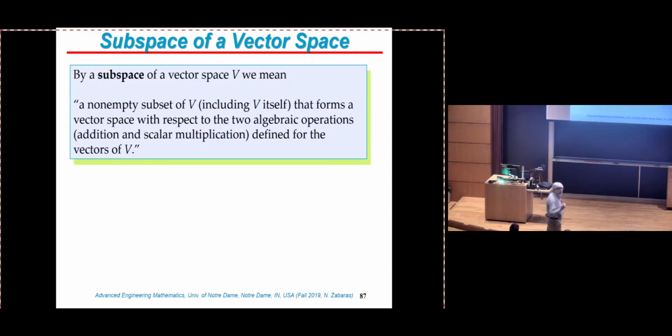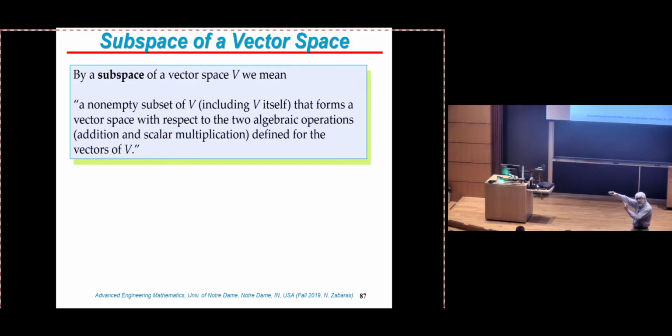Exactly. So the subspace is part of the bigger space that you work on. But that subspace has to satisfy the same properties as the original space, which means if you take linear combinations of vectors in that subspace, they have to be in the subspace, which means 0 has to be in that subspace. Which means if you have in 3D a plane that doesn't pass through the origin, it's not a subspace.